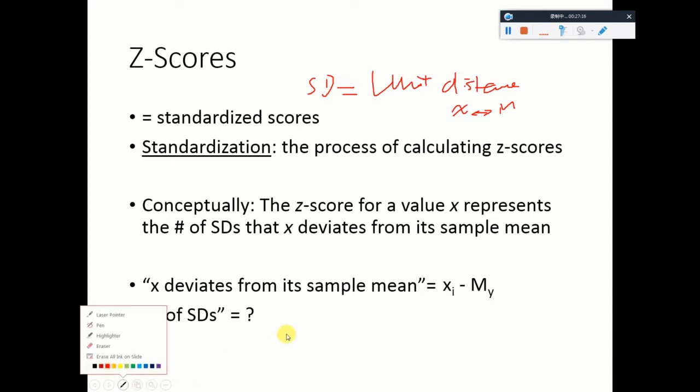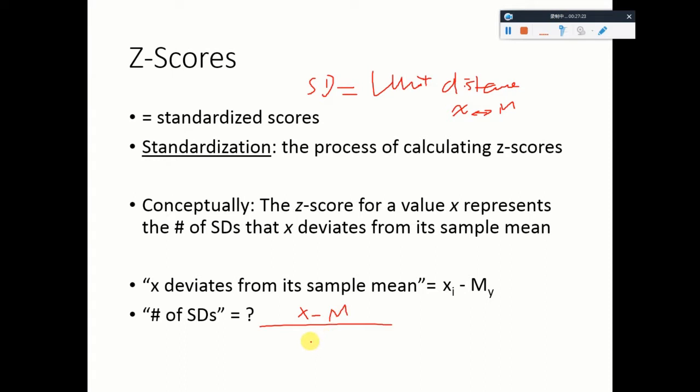Easy. It will be x minus mean divided by SD. Then this ratio will tell us how many standard deviations x is from the mean.